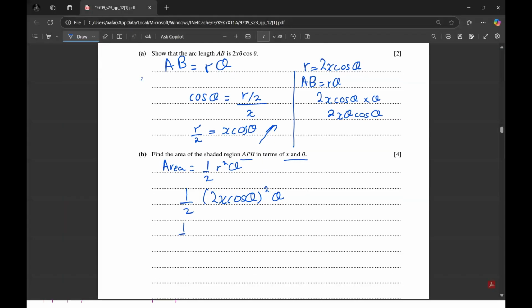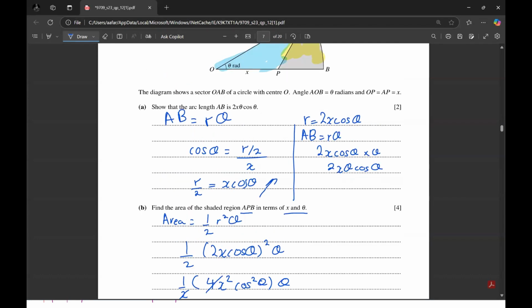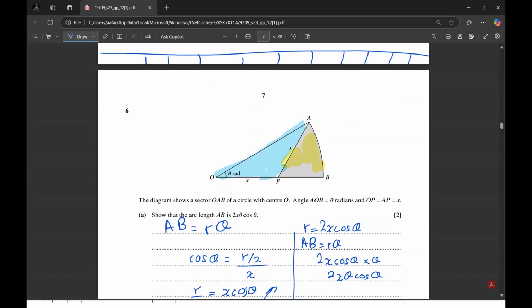Just simplify it: half, 2 squared is 4, so 4x squared cos squared theta into theta. This 4 cuts out with the half. So it's basically 2x squared theta cos squared theta. This is the area of the arc.